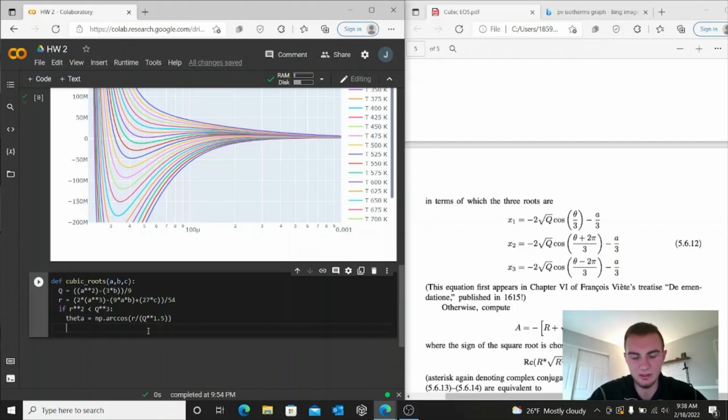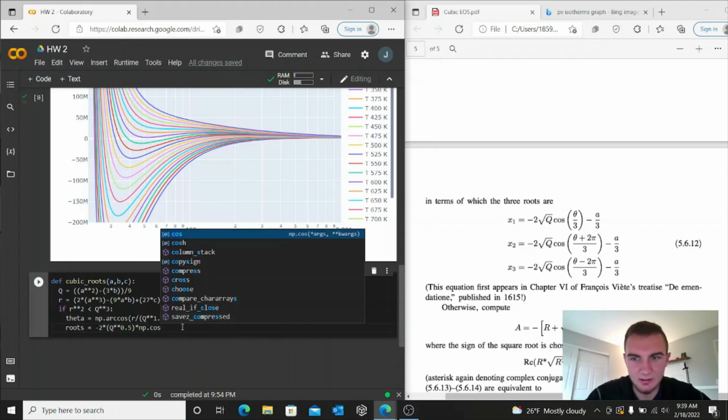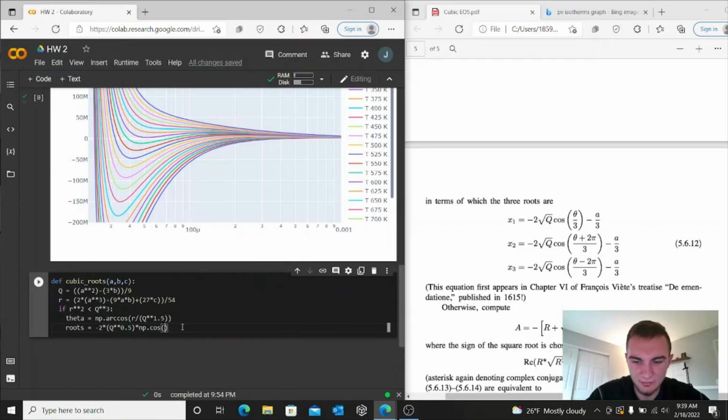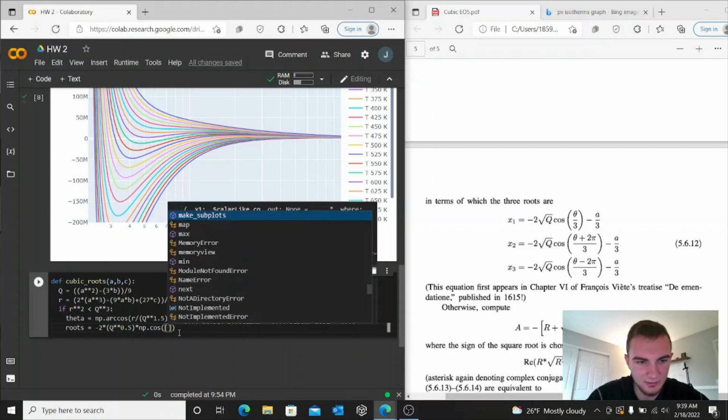So we can go ahead and do that here. So we'll do roots, and that will equal, if we follow here, -2 multiplied by the square root of q, so q to the 0.5, okay? And this will be multiplied by np cosine. And here, we'll go ahead and put in our array for the three different roots.